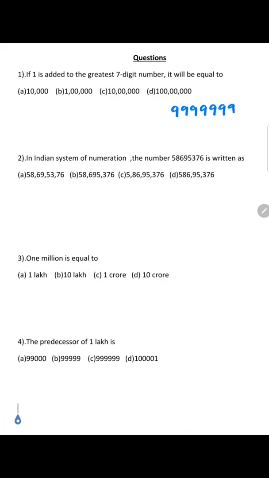And now, if we add 1 to that, we will get 1 crore as the answer. So the correct option is D.